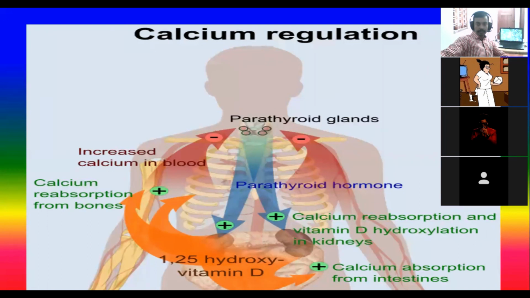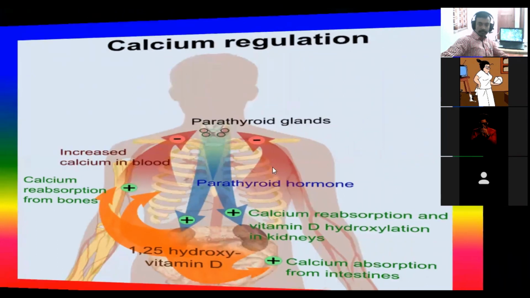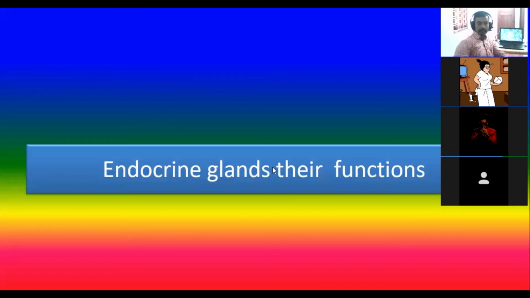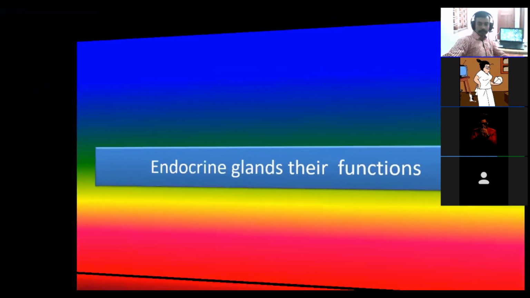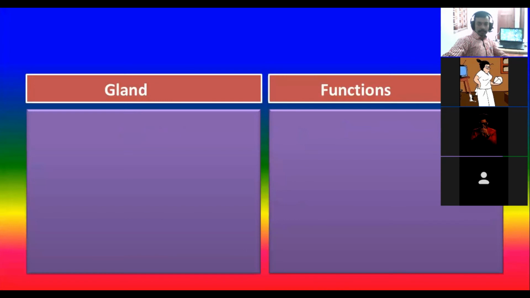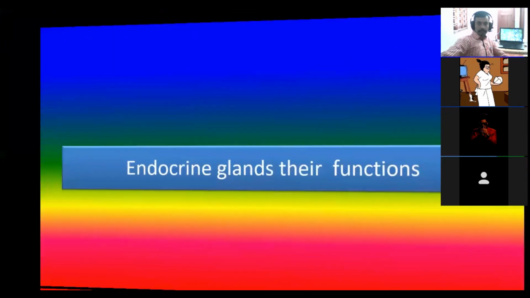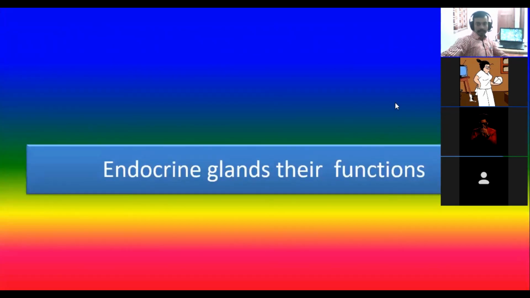In psychology, we just need to know about it, and the psychological aspects we are going to study in detail, the endocrine glands and their functions. Those details we will learn next class.